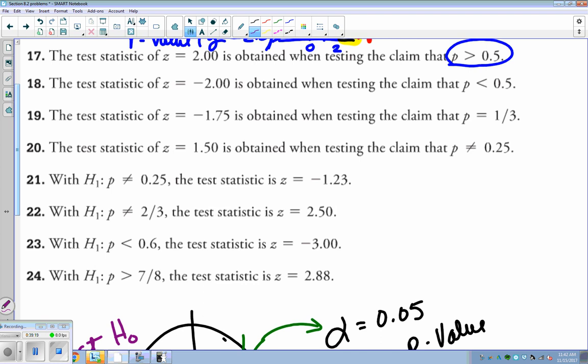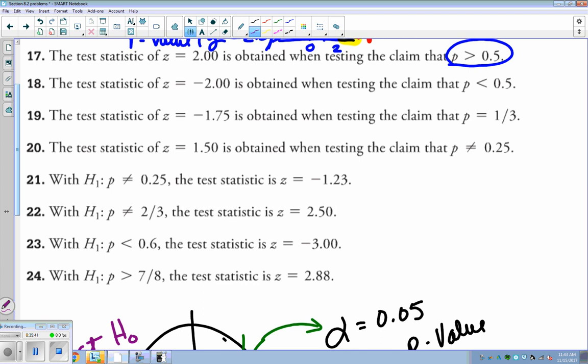Number 19 says the test statistic of z is equal to negative 1.75 is obtained when testing the claim that p is equal to 1/3. So this one's going to be a little different.